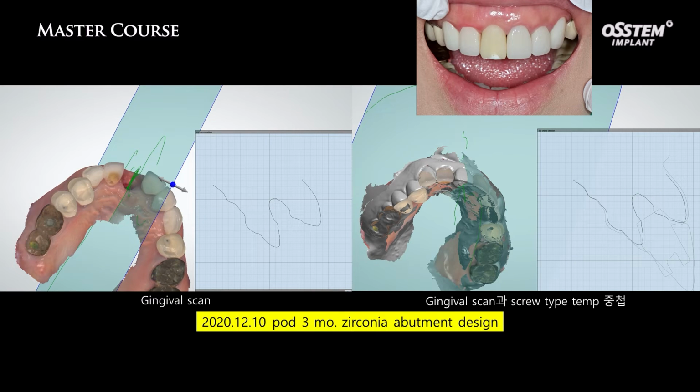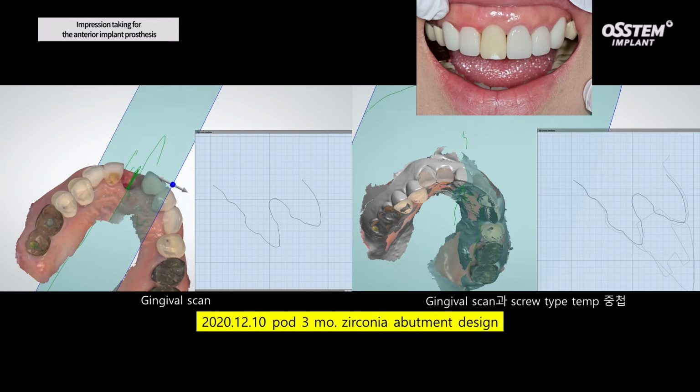Now we superimpose these two for comparison. It shows the gingiva scan and the temporary, when it's attached, superimposed. And in this scanned result, there is a time difference of 3 months.